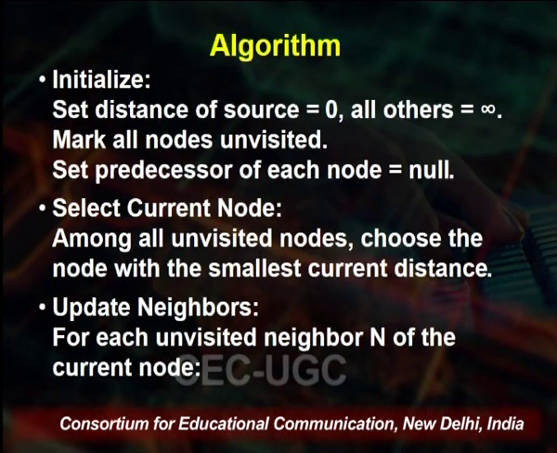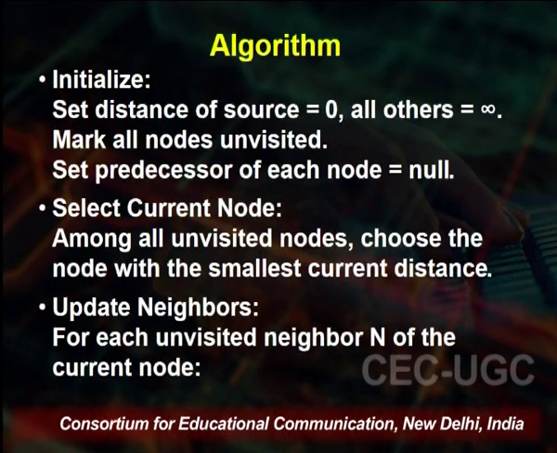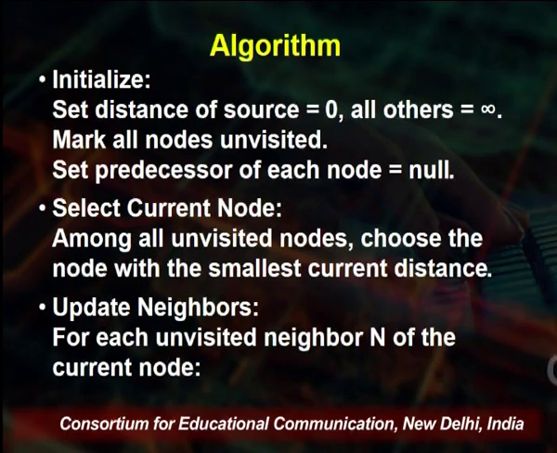Now let us see how this algorithm takes place in a step by step manner. We need to initialize all the nodes. For this we will set the distance of the source to 0 and all others to infinity, and that makes sense because the distance of the source from itself is 0, and to all others, as we have not calculated yet, we initialize the distance from the source as infinity.